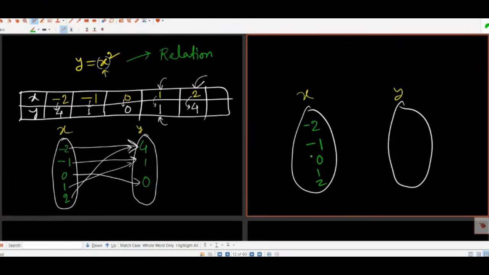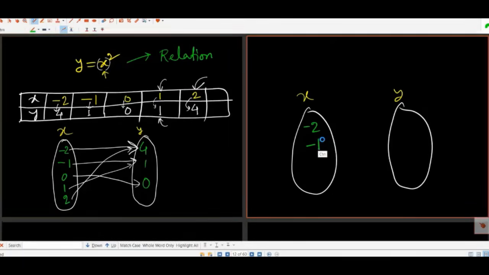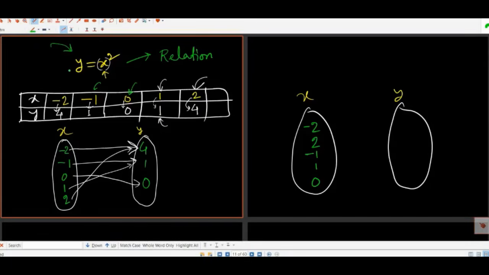But instead of writing like this, I'm writing in this form. We have -2 and 2, so why not write them in a group: -2, then 2, then -1 and 1, and then we have 0. The reason behind writing the sets again is that I want to make you understand whether this example is a function or not.